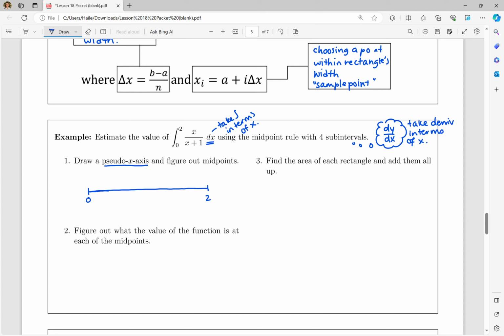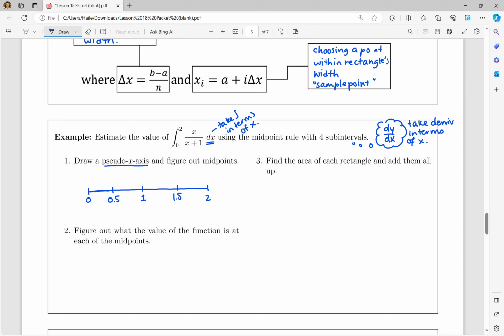Now I want 4 subintervals. If I want to divide this into 4, first I need the midpoint, which is 1, and the midpoints of each half are going to be 0.5 and 1.5.